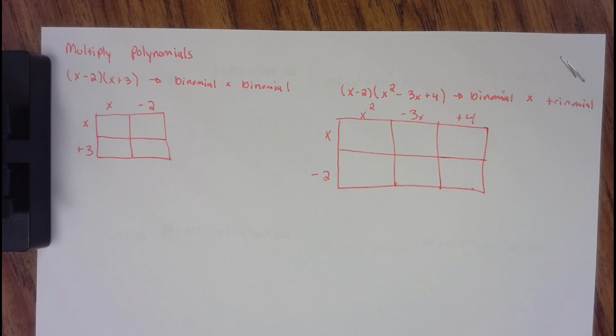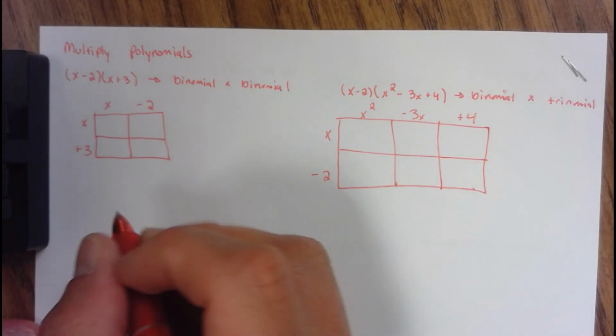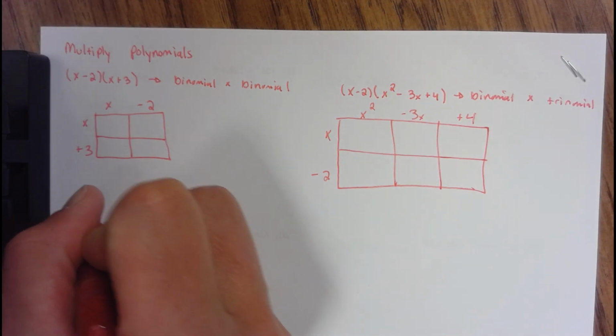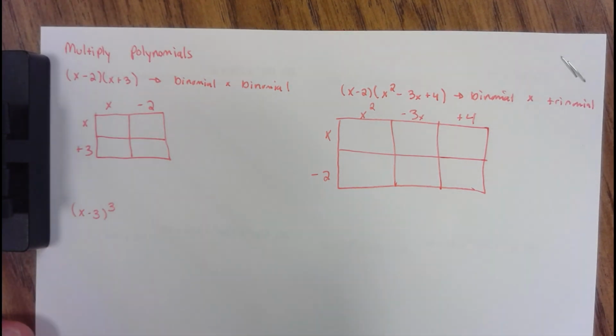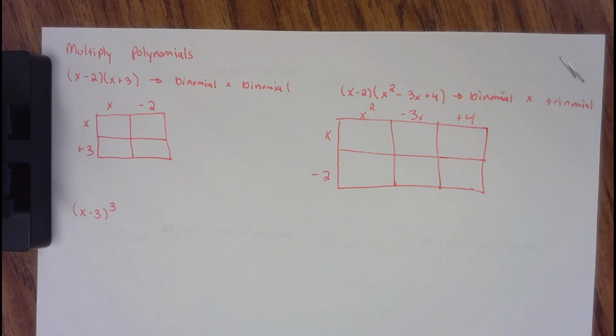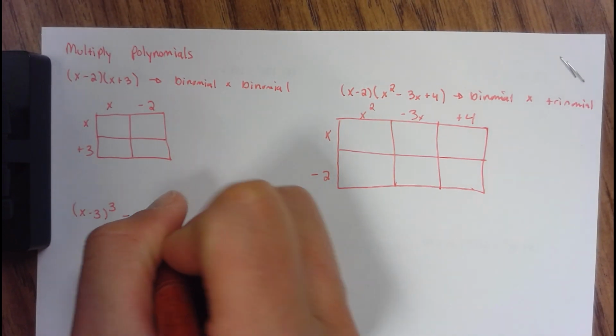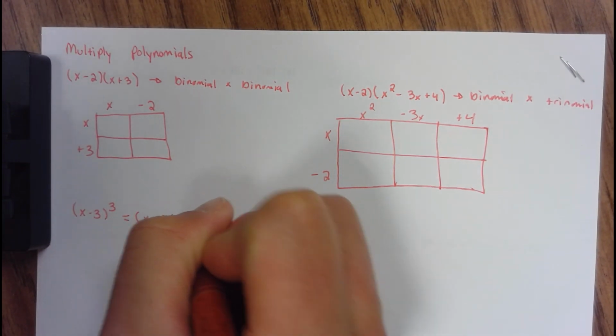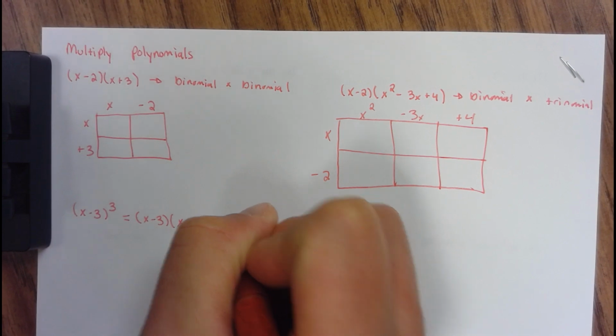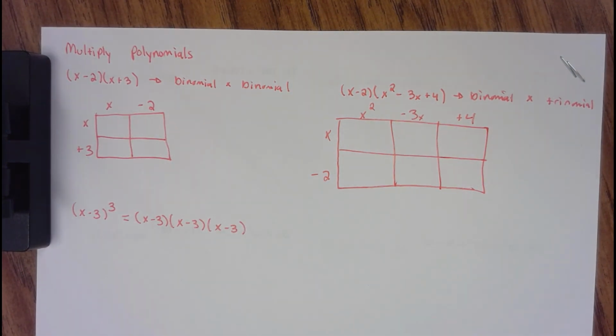All right, last thing I want to mention is when we have three things that are being multiplied, a good example of that would be if we had x minus 3 cubed. Remember that means x minus 3 times itself 3 times. So that's x minus 3 times another x minus 3 times another x minus 3. When there are three things being multiplied, we have to multiply two of them together.